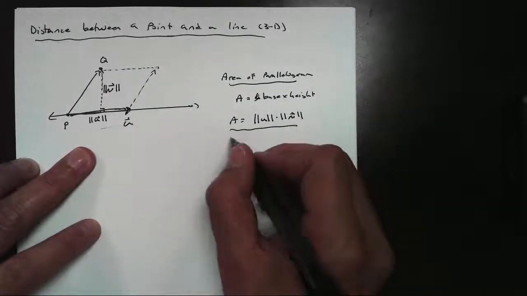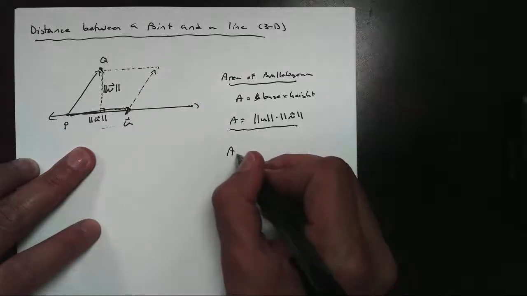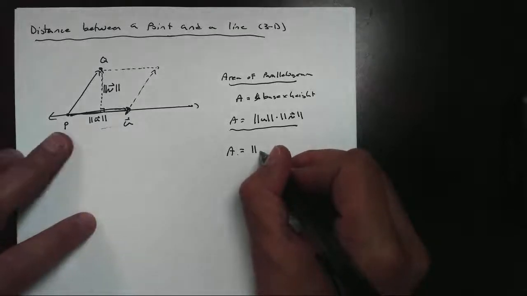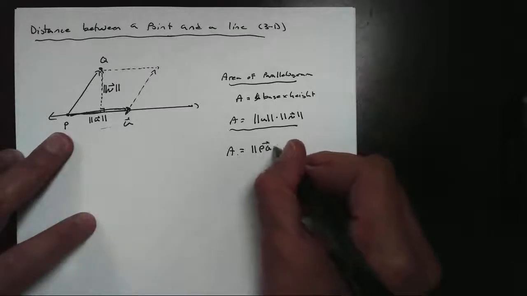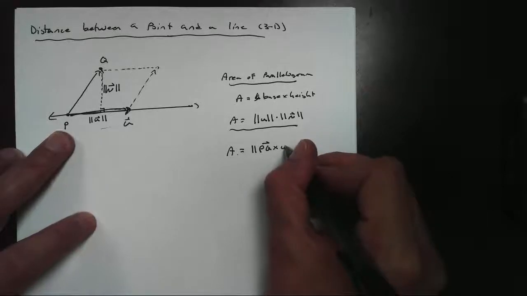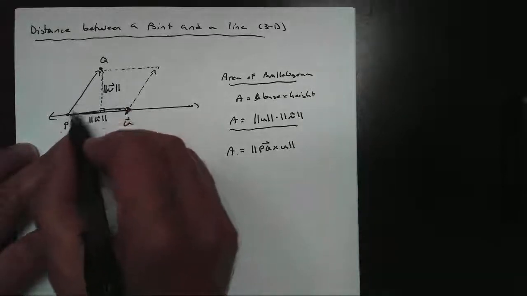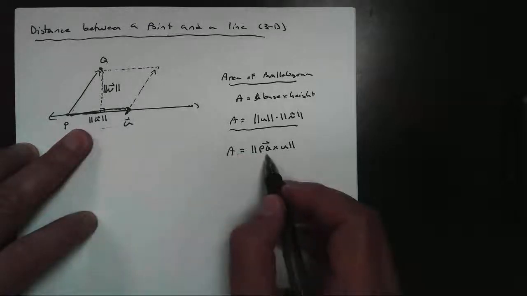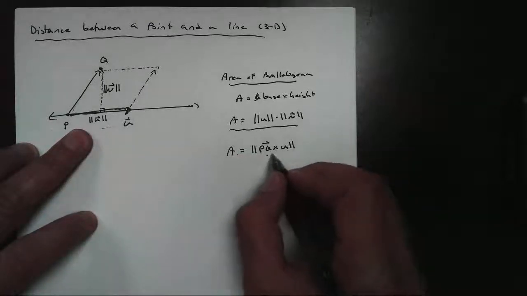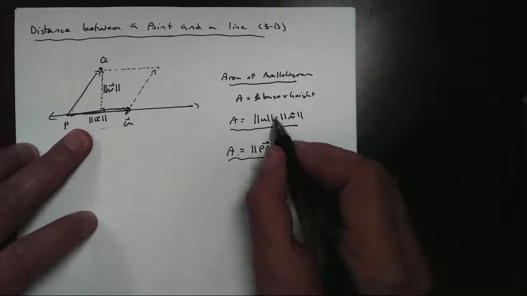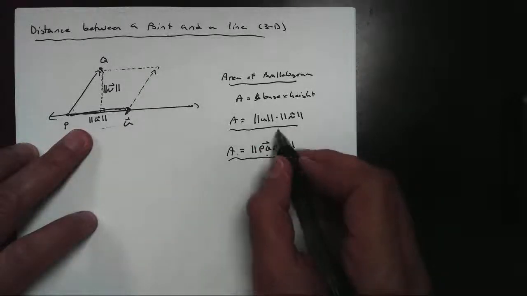We also learned that the area of a parallelogram in vector form is just the magnitude of the cross product of PQ crossed with u itself. So if I take PQ, cross it with u, that gives me my area. This is another equation for the area of a parallelogram, so we have two competing expressions for the area.